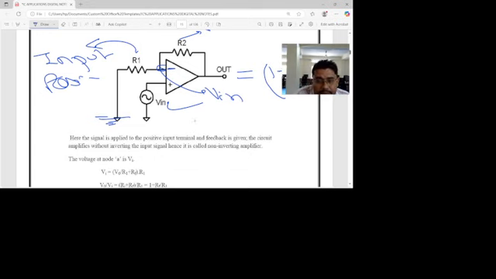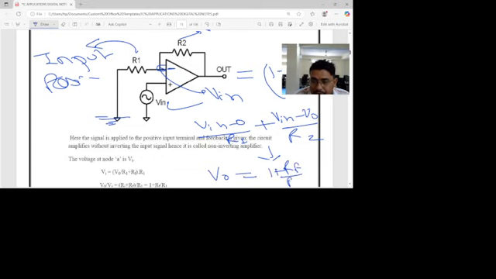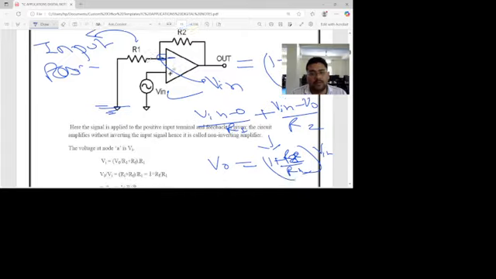Then again we can use KCL here: Vin divided by R1 plus Vin minus V0 divided by R2, and we can solve these equations and get the output equal to 1 plus RF by R1 into Vin. Here RF is nothing but R2, the feedback resistance.